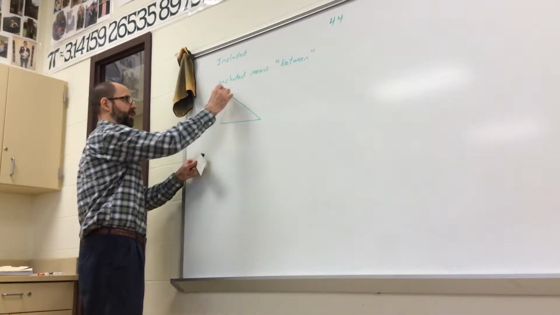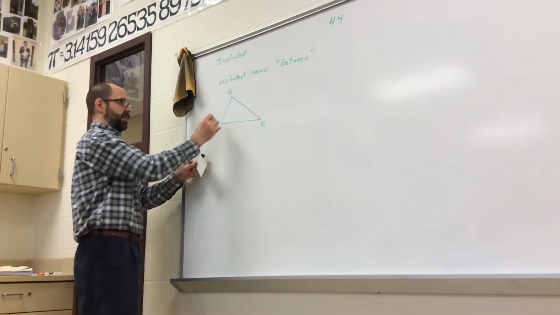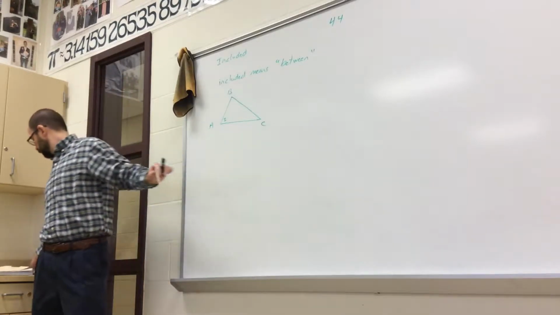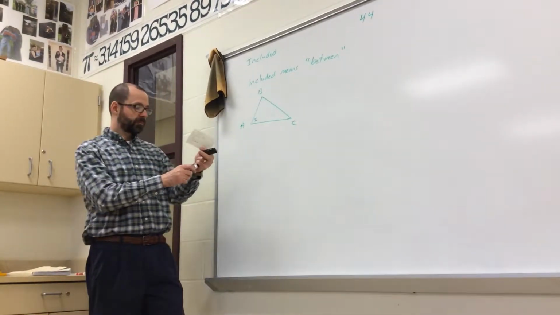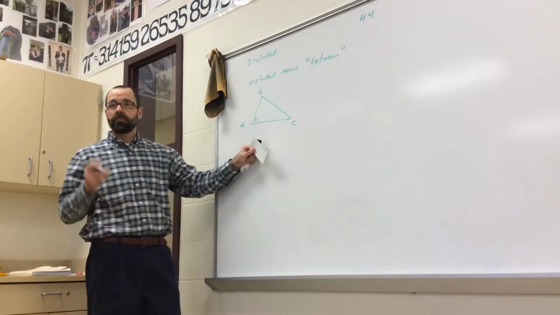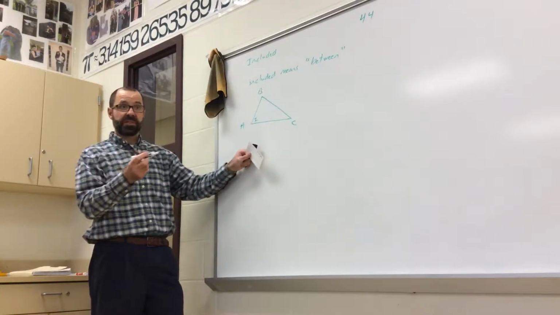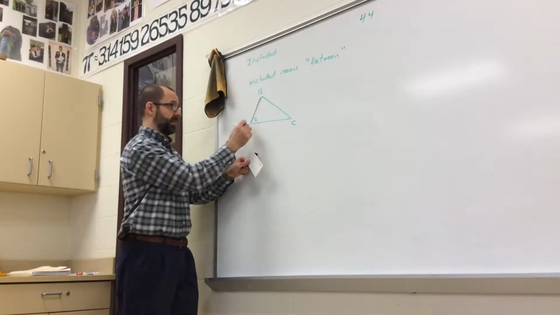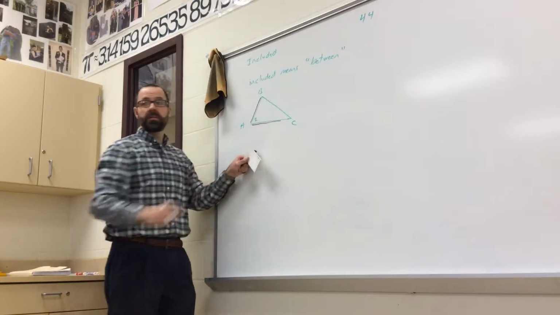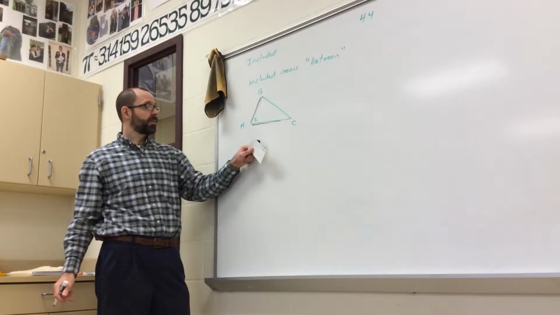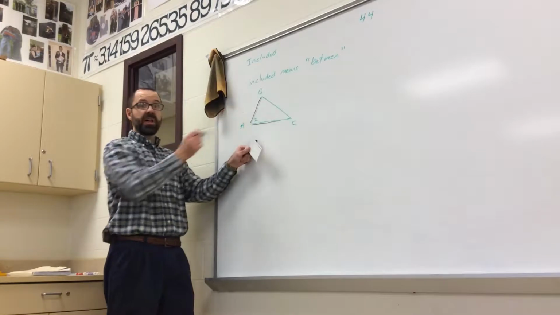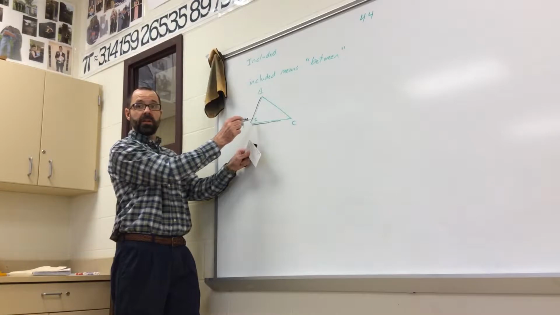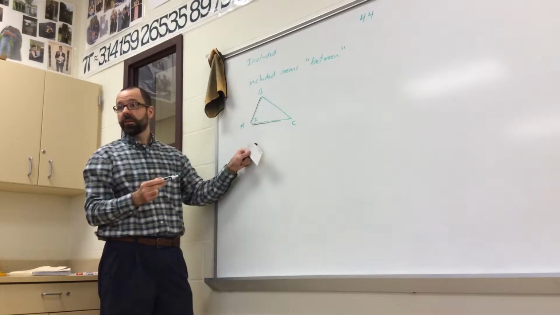So here's a triangle, A, B, and C, and then here's an angle, angle 1. Okay, so I want us to emphasize this side of the triangle and this side of the triangle. So if you're looking at those two sides of the triangle, then this angle is between those, right?